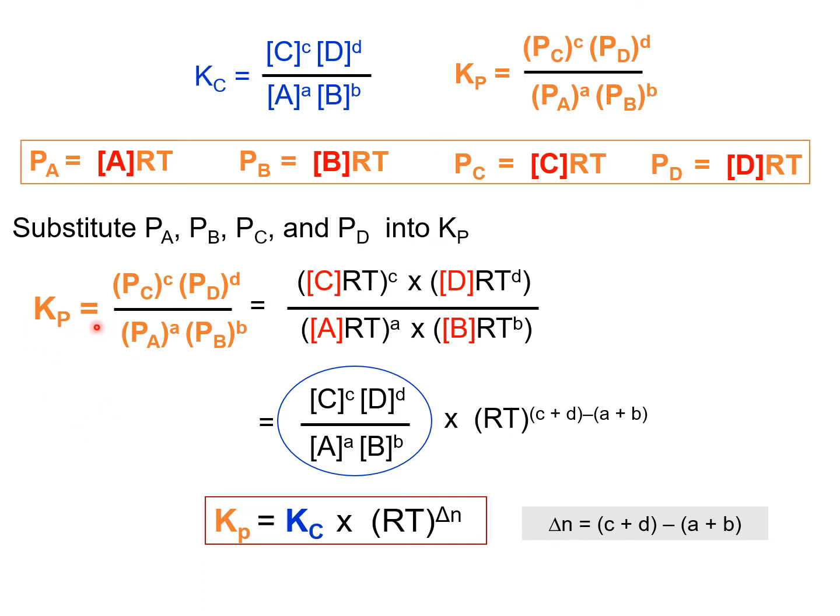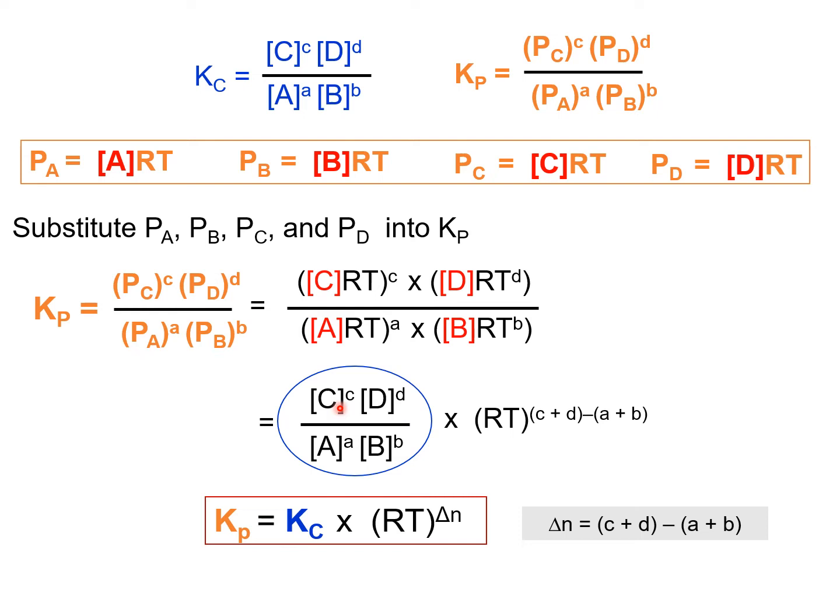So kita masukkan Kp is equals to concentration of C RT to the power of C kalikan dengan concentration of D RT to the power of D bahagikan concentration of A RT to the power of A times with concentration of B RT to the power of B, which in this case kita boleh singkatkan, kita boleh kumpulkan concentration C, D, A and B ni in one section.